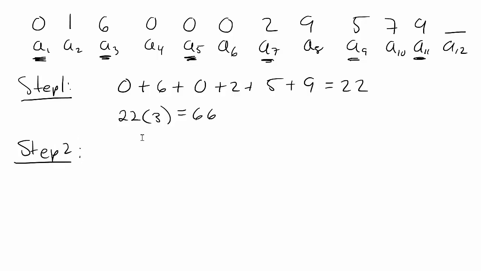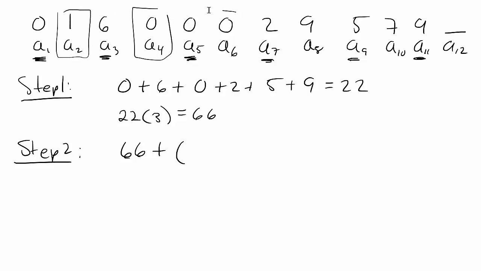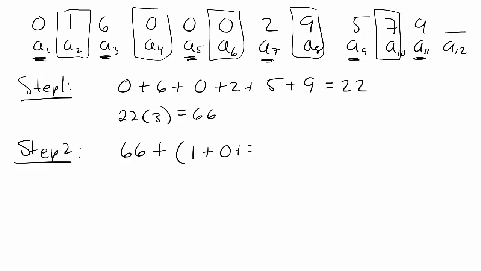Step 2, we're going to take that 66 and add to it the sum of the digits in positions 2, 4, 6, 8, and 10. So 1 plus 0 plus 9 plus 7. This is going to be 66 plus 17, or 83.